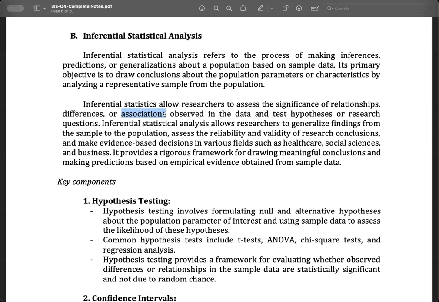So, for example, if your goal is to test whether two variables have correlation or association, then there is a specific inferential statistical tool for that. If you wanted to compare and contrast parameters based on groupings or based on how you're going to categorize your data, then there's also a specific statistical analysis for that.